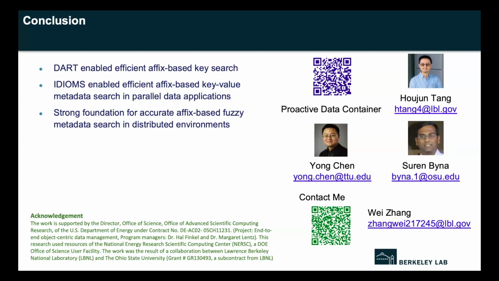No matter if you have a middleware to support access against all of these HDF5 files or not, for all of these parallel processes you still need to consider how to distribute the index properly to serve efficient affix-based keyword search or metadata search.